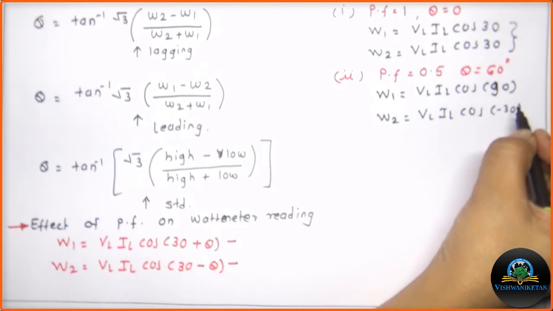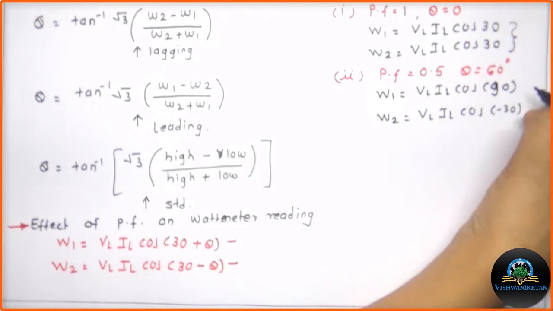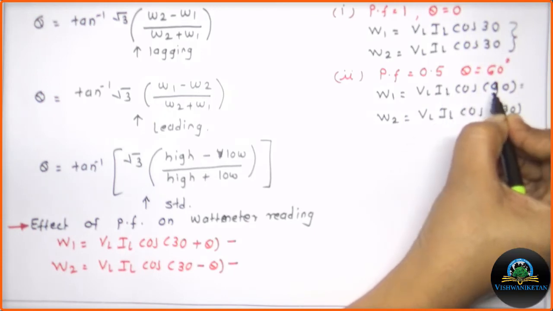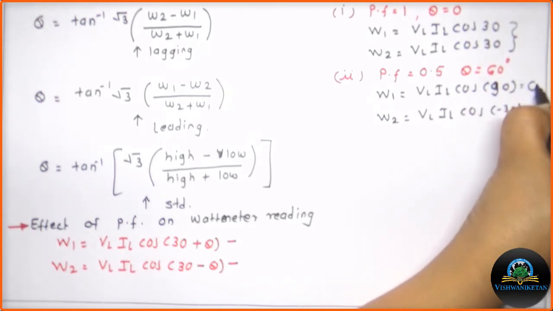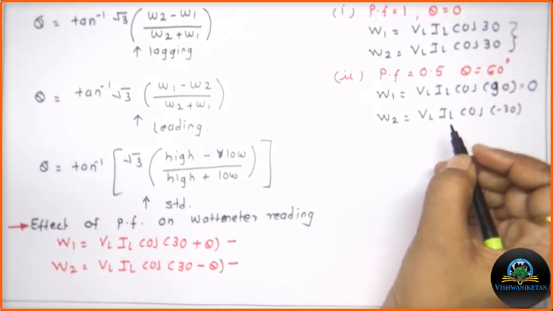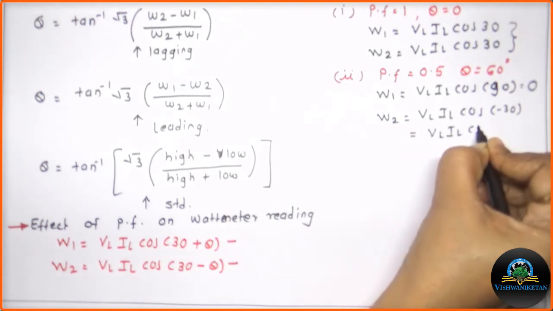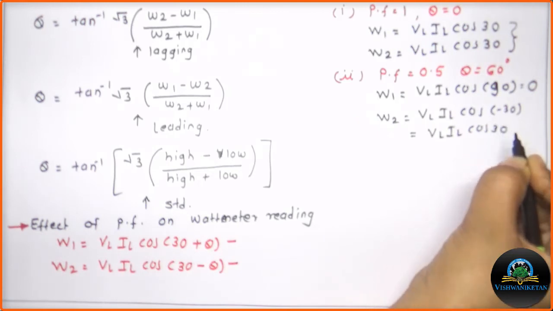Now cos of minus 30 becomes cos 30 only. So I can write the value of this equation: as cos 90 is 0, VL IL into 0, the reading will be completely 0. And this will be my VL IL cos 30.